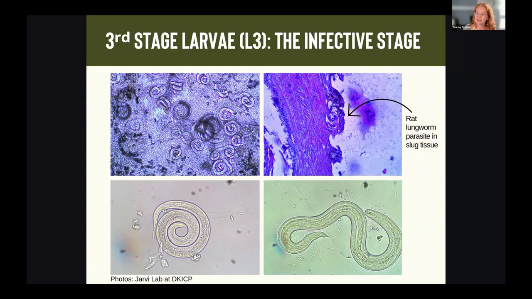And then the hydrochloric acid in the rat's stomach, which is the same type of acid that we have because we're also mammals, that's going to be a sign to that worm to wake up and start wiggling around to get through the lining and get into the bloodstream to continue its life cycle. So that third stage, when it gets into a slug or snail, that's where it stays. It doesn't move on in its life cycle until it gets back into the rat.